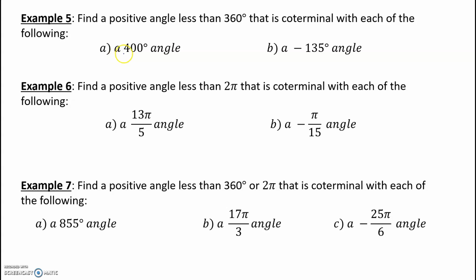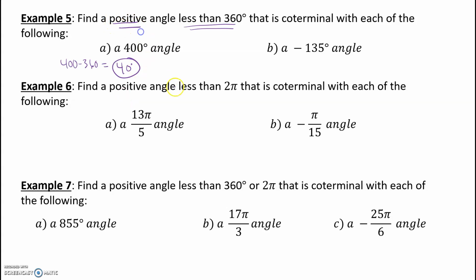So here we're going to say, what do we have? A 400-degree angle. They said find a positive angle less than 360 that is coterminal with each of the following. So we want less than 360. So we're talking in terms of degrees. We're going to say 400 minus 360 as many times as we want, but it looks like we only have to do it once because we get an angle less than 360.